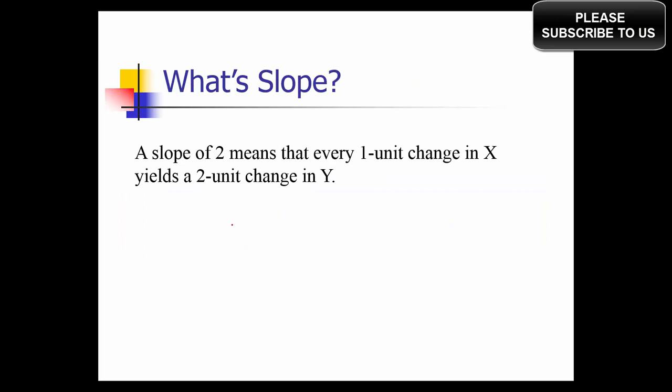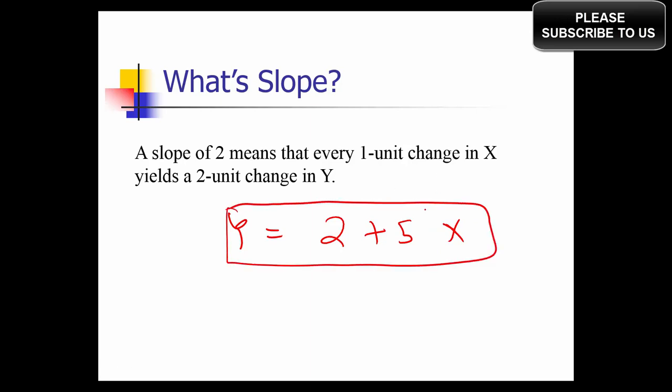Say, for instance, we have found that the regression line is 2 plus 5x. Let's assume this is the regression line. Here this is the intercept and this is the slope.